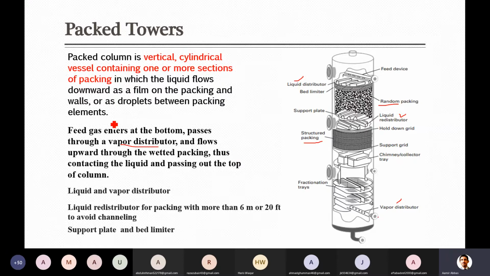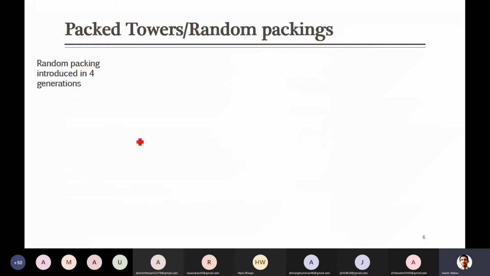And sometimes liquid redistributors are installed to avoid channeling if the column is of large height.